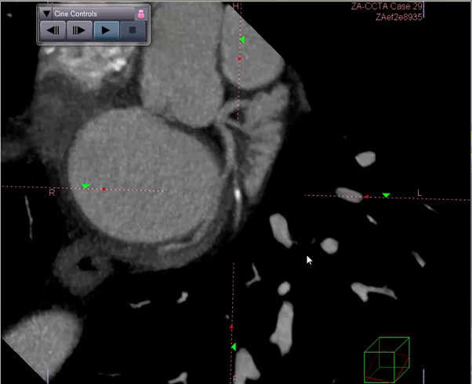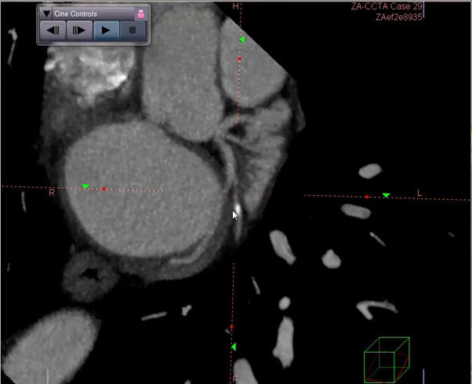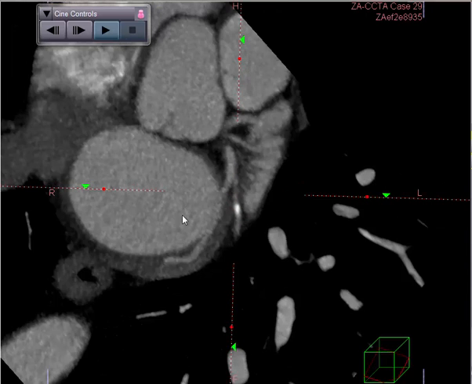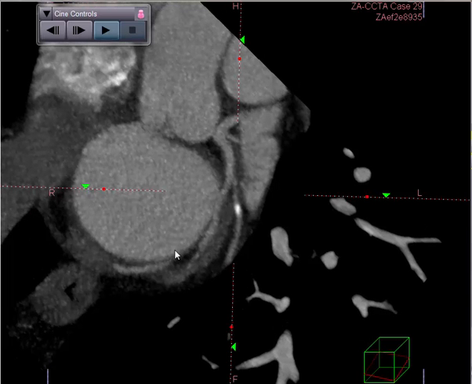Again, as I've said in the past, we cannot evaluate antegrade versus retrograde flow on cardiac CT, but this is either a totally occluded vessel or a subtotally occluded vessel. So we've already proven the point in this patient that he has obstructive disease and that further evaluation is necessary.